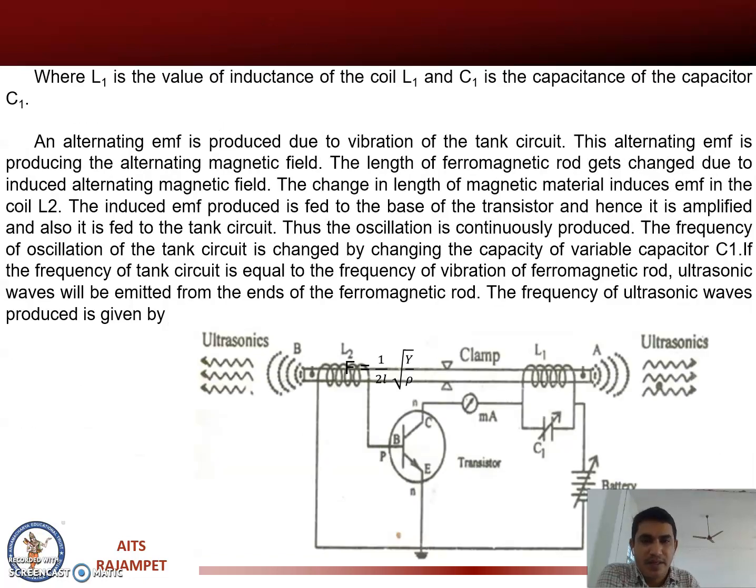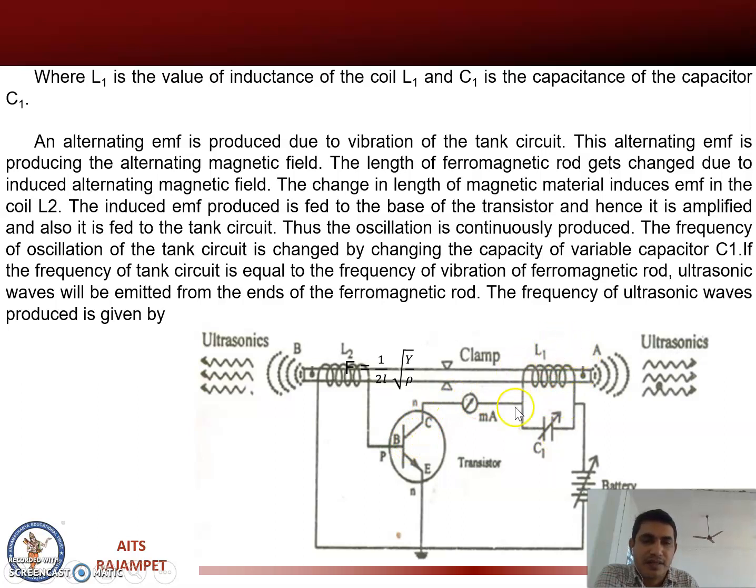And coming to the construction, here there is a ferromagnetic rod and there are two coils L1 and L2 connected to the two ends of the ferromagnetic rod, and one end of the L2 coil is connected to the base of the NPN transistor, and the collector is connected to the tank circuit.